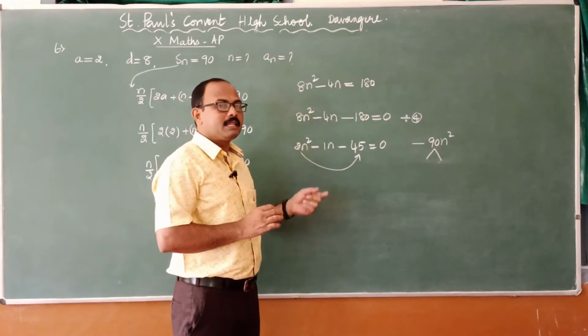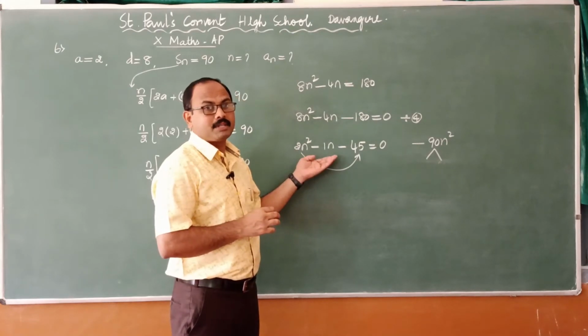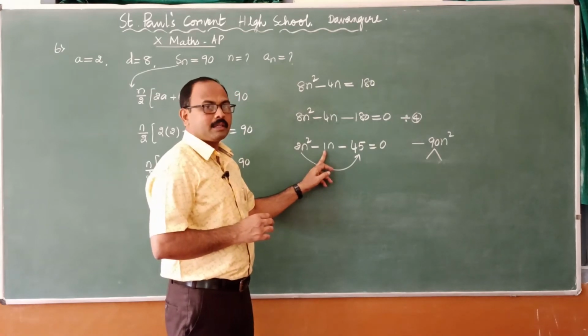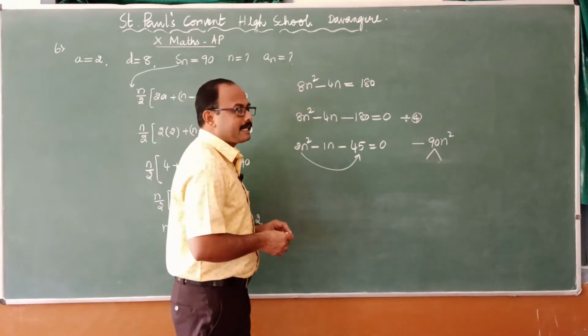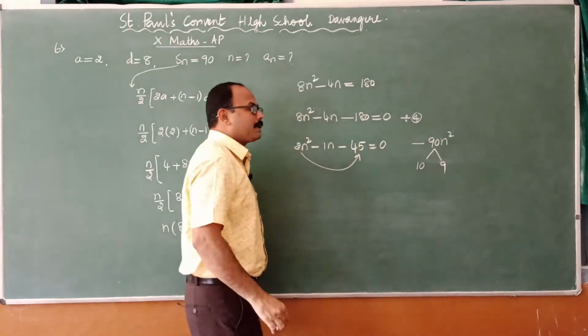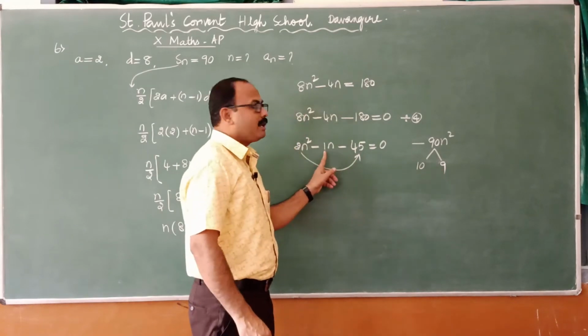We call this splitting the middle term or factorizing this equation. See, here we are left with 1. Therefore, on factorizing it can be 10 into 9 becomes 90, where 10 minus 9 becomes 1.